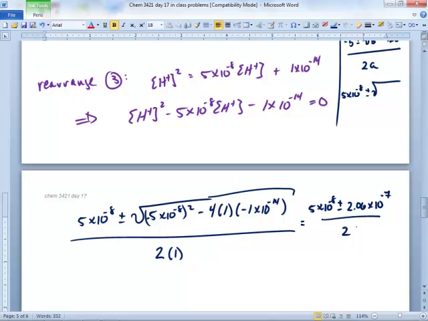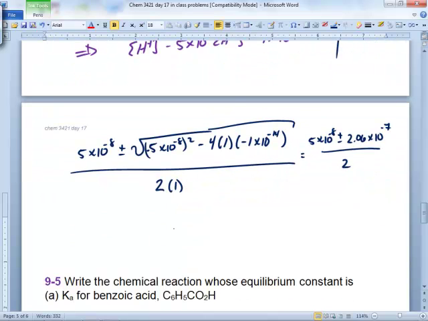So 2.06 times 10 to the negative 7 plus 5 times 10 to the negative 8, 2.56. Oh, I got to divide by 2. So about 1.28. So my x is about 1.28 times 10 to the negative 7.